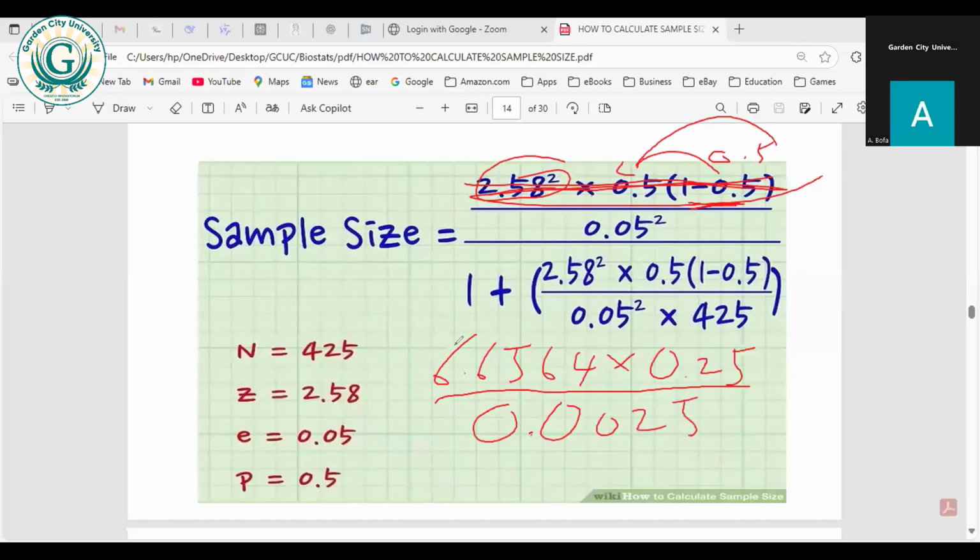Good. Now we are done with these. So now we are going to multiply 6.6564 by 0.25, and that will give us 1.6641.